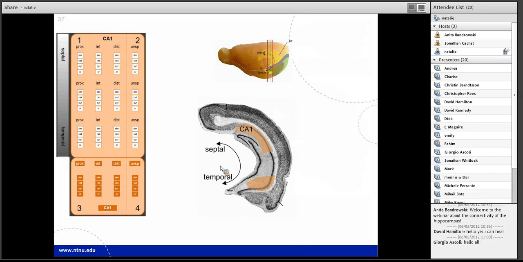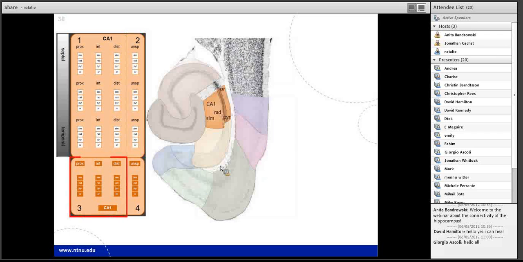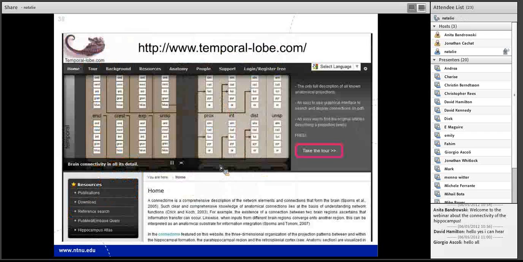Quadrant 2 describes connections of CA1 at the level of layers and along the septotemporal axis. Quadrant 3, on the other hand, describes connections of CA1 along the proximodistal axis and layers. Quadrant 4 describes connections when only layer information is present.